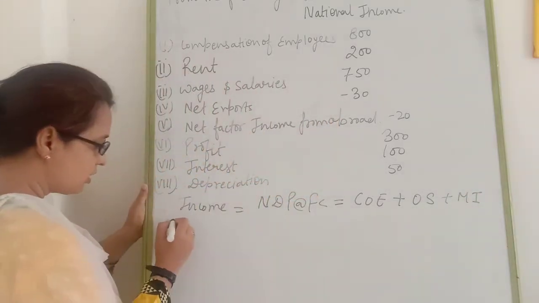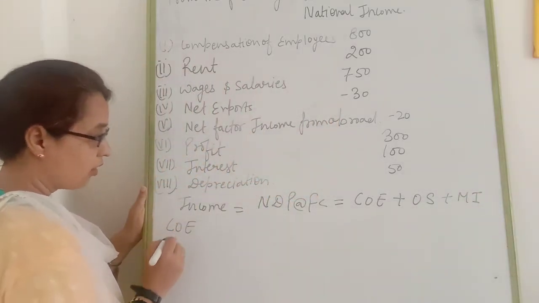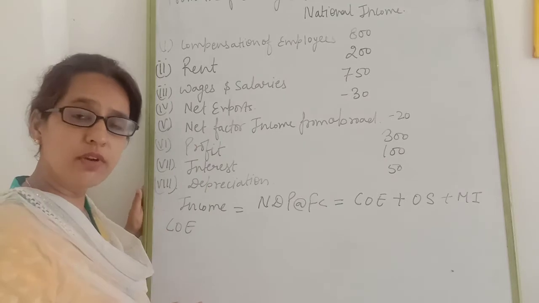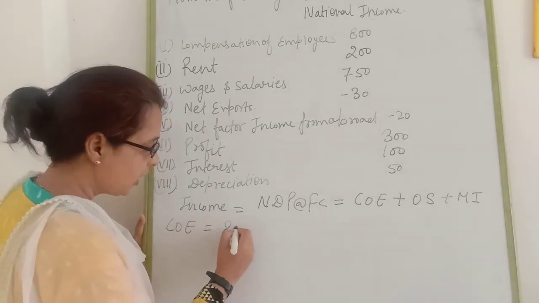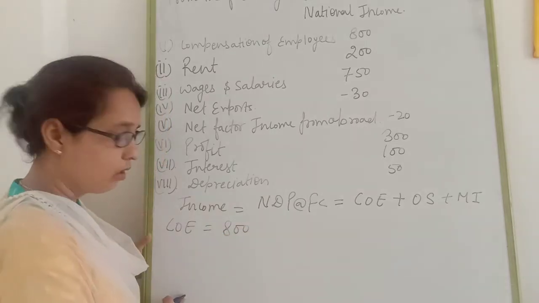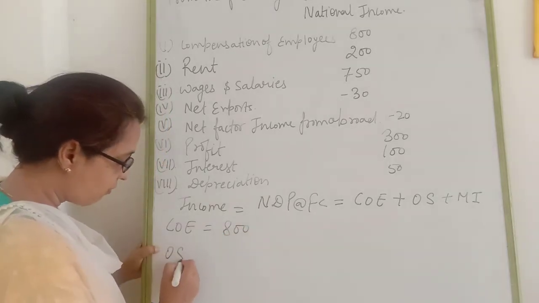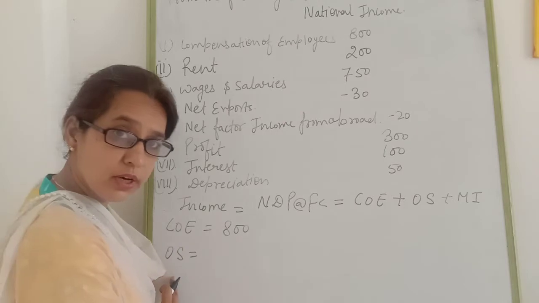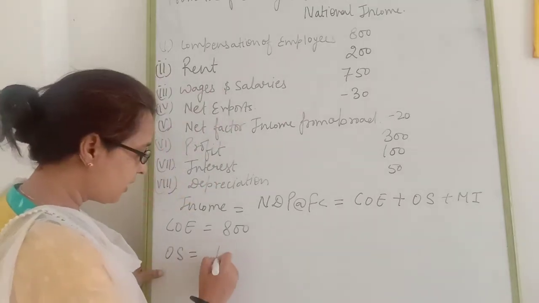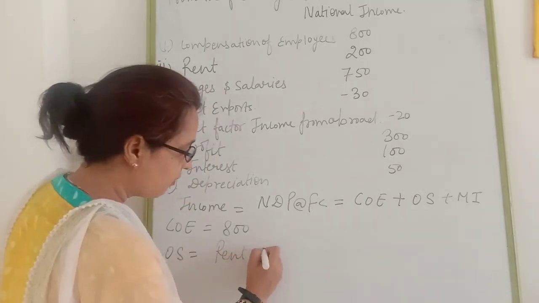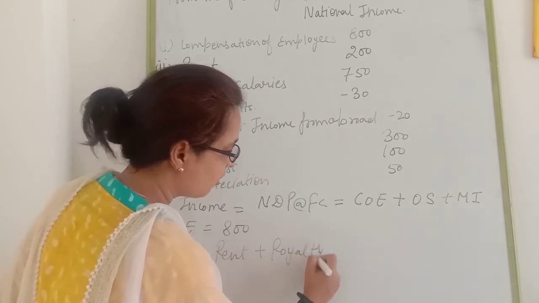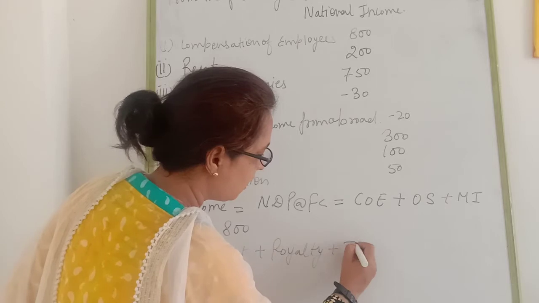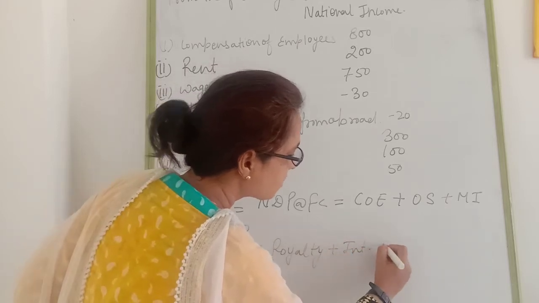First of all, COE. How much is given? It is already given in the question, so we are not supposed to calculate. That is 800. Clear? Now OS, operating surplus. I told you the formula just now. Operating surplus: rent plus royalty plus interest plus profit.